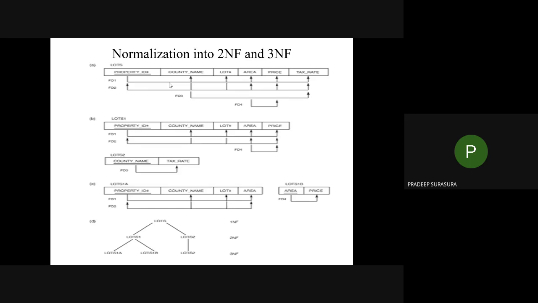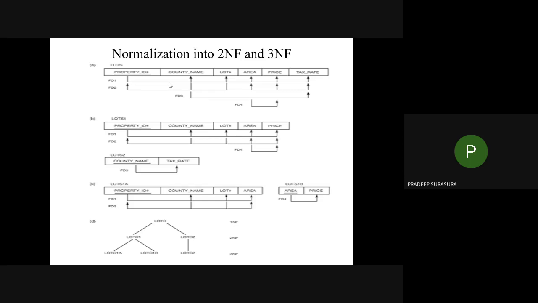Are you understanding what I'm talking about? So we will break lots into lots 1 and lots 2 like this. Any questions? So tax rate depends only on country name but not on lot number, so FD3 violates second normal form.